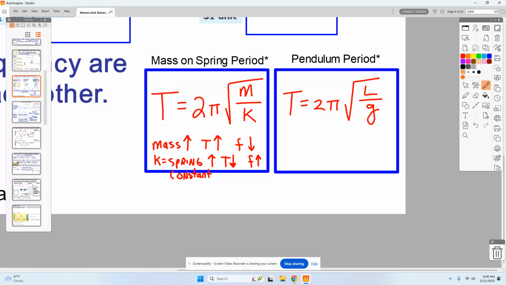You should see that the equation looks very similar. It's a very similar kind of equation. Instead of M and K, it has L and G. G is, again, that acceleration due to gravity.